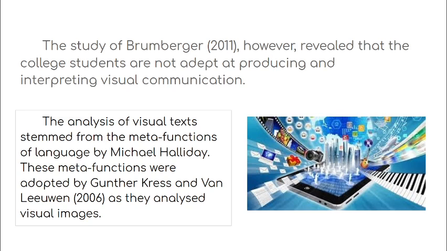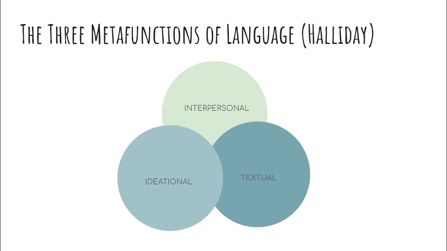So the analysis of visual text stemmed from the meta-functions of language, which is originally by none other than Michael Halliday. These meta-functions were adopted recently by the researchers Gunther Kress and Van Leeuwen in 2006 to analyze visual images.